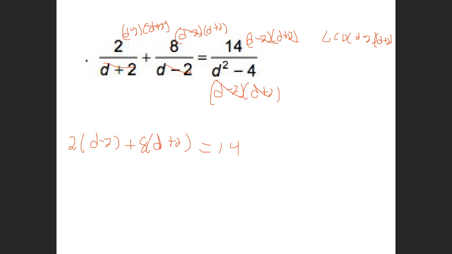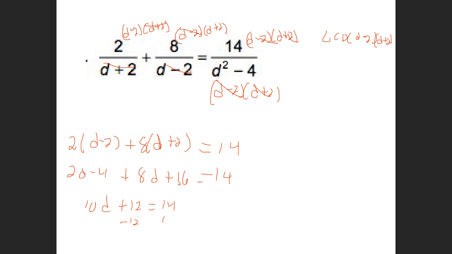So yeah, it's a little bit tougher of an equation to solve now, but I'm going to use distributive property here, so that gives me 2d minus 4 plus 8d plus 16 is equal to 14. I'm going to put my d's together, so that gives me 10d, and then minus 4 and 16, that's 12, is equal to 14.